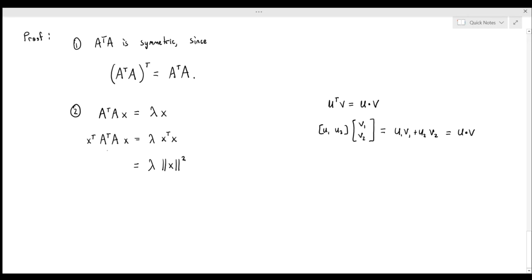Now on this side, notice we can rewrite it as (AX) transpose times itself, because transposing AX would give you X transpose first and A transpose second. So in other words, you've got AX dot product with itself. So on the left, you have the length of AX squared.